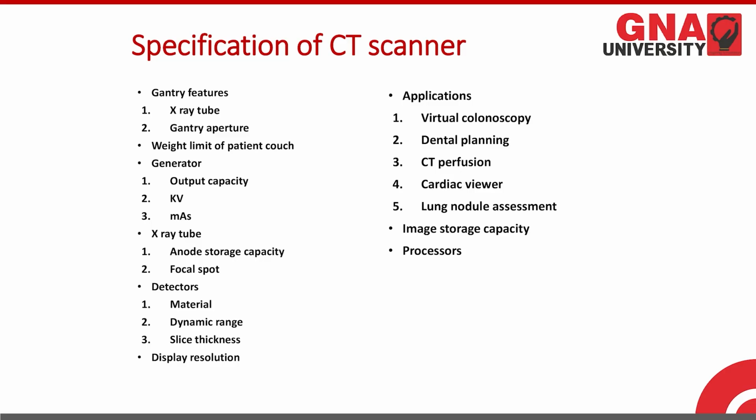We first have a major component known as the gantry. The gantry houses the primary systems, which include the X-ray tube, gantry aperture, weight limit of the patient couch, generators, output capacity, kV, mAs. The X-ray tube has anode storage capacity and focal spot. Then the detectors: the materials, dynamic range, slice thickness, display resolution.